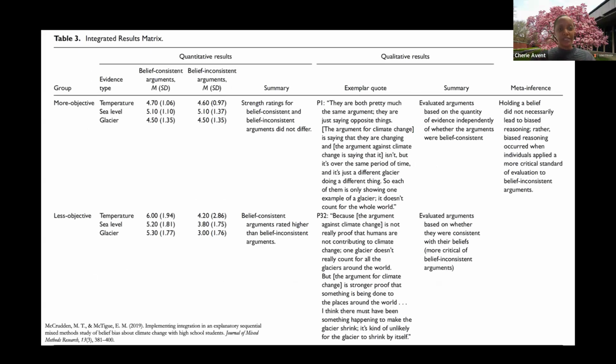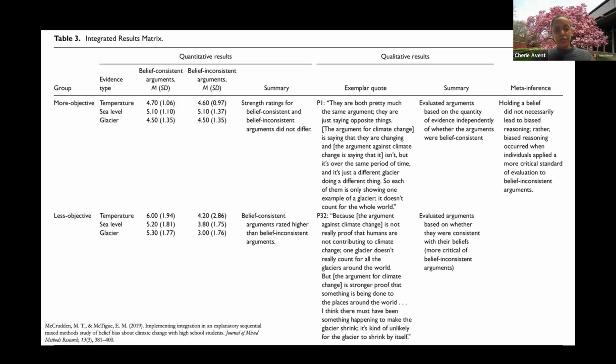And so in looking at this table for integration and using a joint display, here's what they did. We see where we have their quantitative findings here, and they group them by those with more objective views and less subjective views. Then they provided a summary just to help themselves with understanding what was happening.